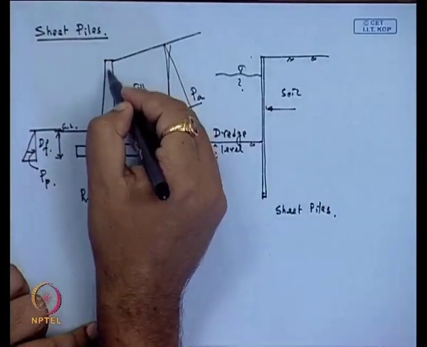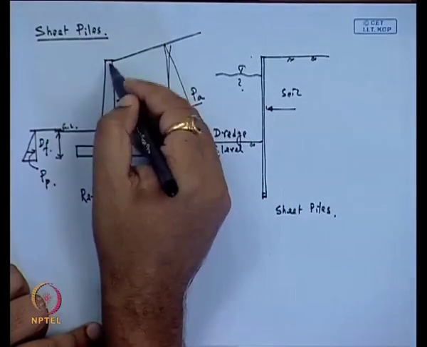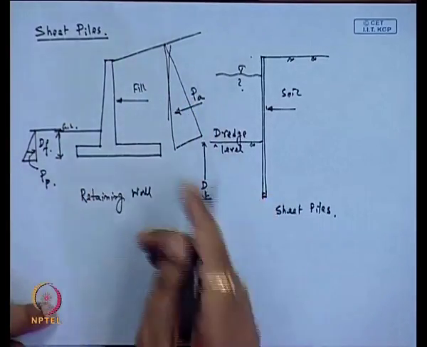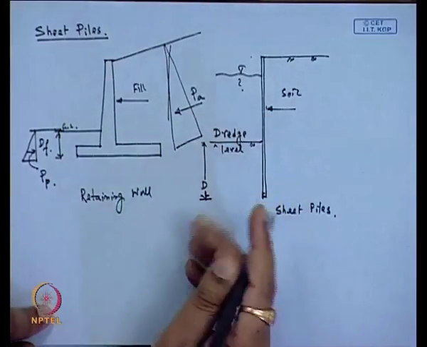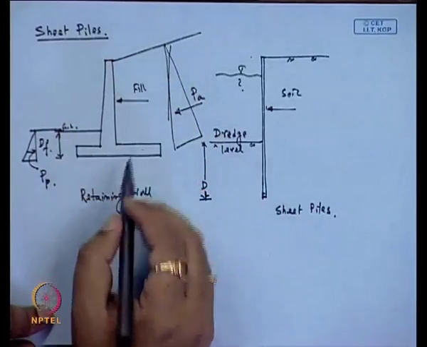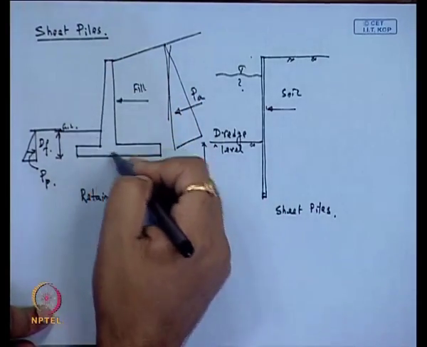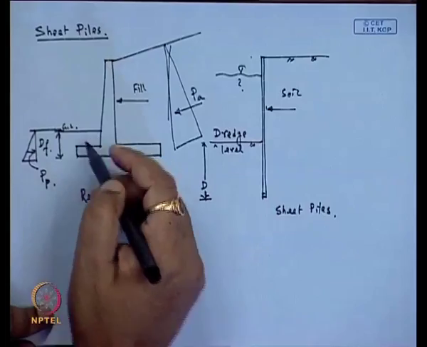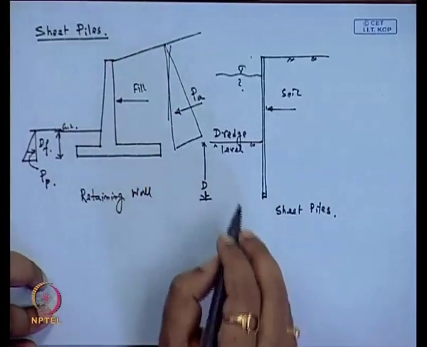That means, if it is a gravity retaining wall, then the size of the retaining wall is huge. If it is a cantilever retaining wall, then to resist this moment, reinforcement is used. So, that is why the required depth of the retaining wall is less compared to the sheet pile.